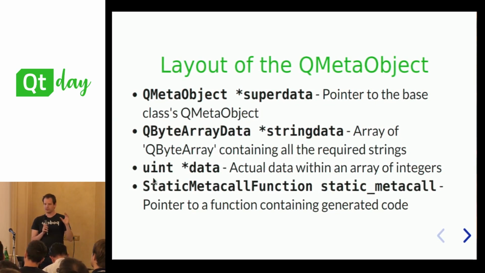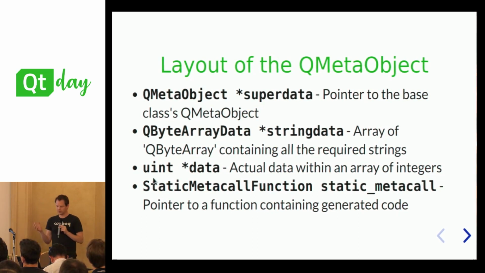basically, QByteArray is just a pointer to a QByteArrayData. And QByteArray is implicitly shared, so QByteArrayData has a reference count, but in this case, the reference count is -1, saying no need to free this memory because it's static data. And so we have an array of QByteArrayData, and we also have an array of integers.